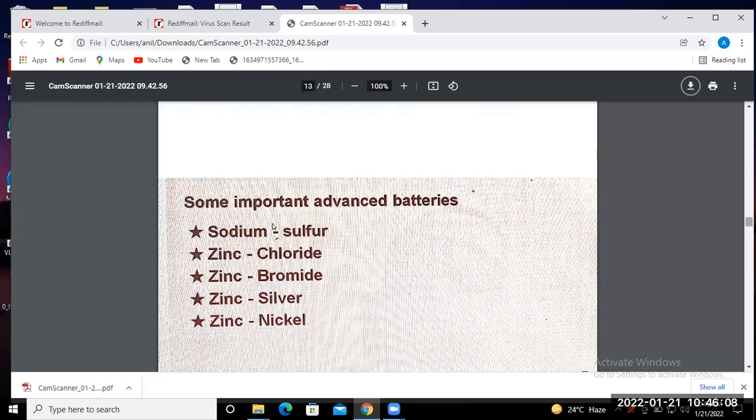Okay, so these are the advanced batteries where you may use various types of material for the electrolytes, positive electrodes and negative electrodes, that means cathode and anode. So we will see sodium sulfur first, and next one by one we will explain zinc chloride, zinc bromide, zinc silver, and zinc nickel last.